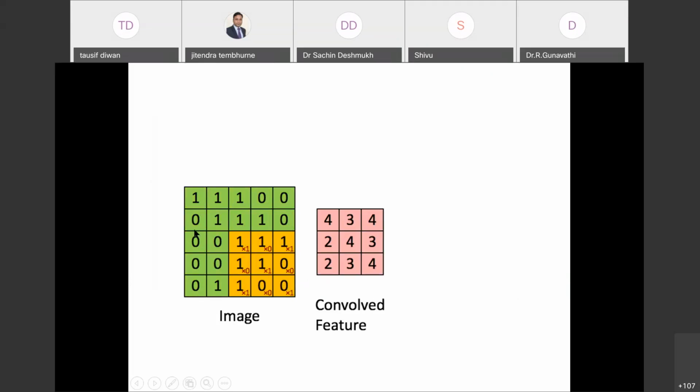You perform the element-wise multiplication and then you compute 4. After that, you shift the position to the right and then you compute 3. Finally, you shift the filter by one position, then you compute 4. After that, this filter is shifted downward and you come to this region and then you compute this 2. Is it clear? Here, what is the value of stride?